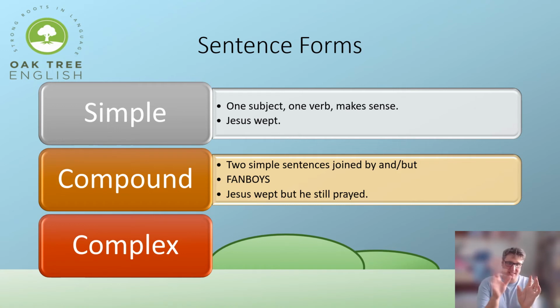Jesus wept, but he still prayed. He still prayed is a complete sentence. Jesus wept is a complete sentence. You join them together with but for contradicting ideas and and for similar ideas. So what's fanboys? You can join 2 simple sentences with for, and, nor, but, or, yet, or so.